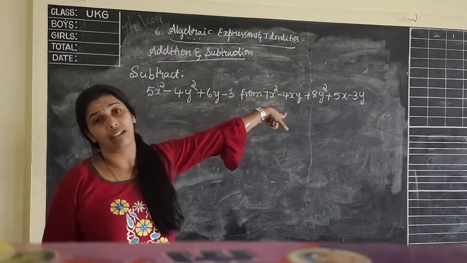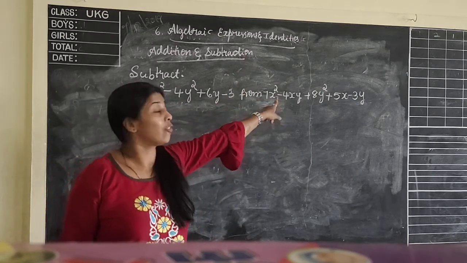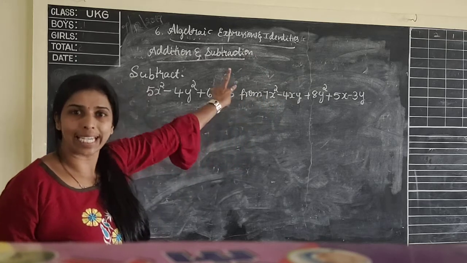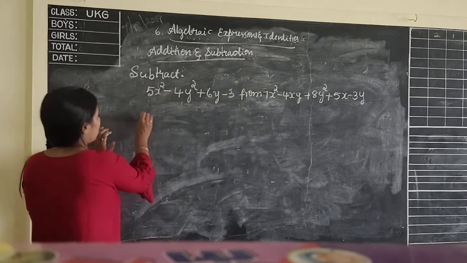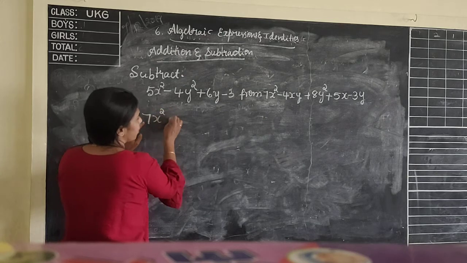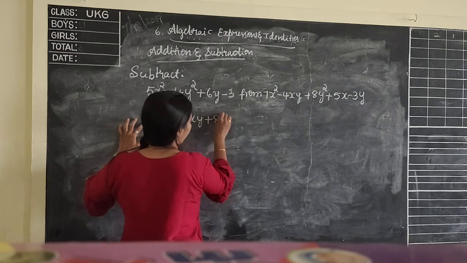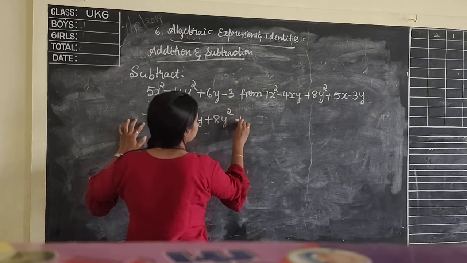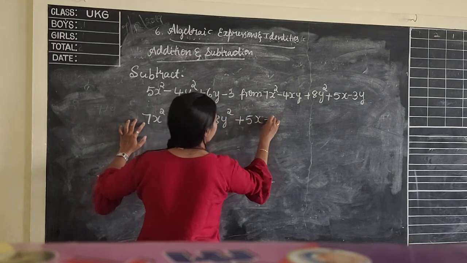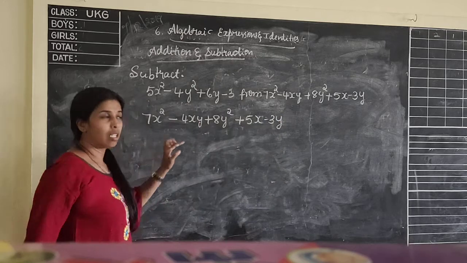Subtract this from that, which means from that. That one you have to write first. When it says from, the second term you have to write first. 7x square. Okay, that is the first.